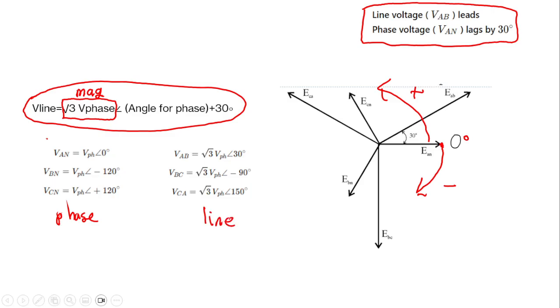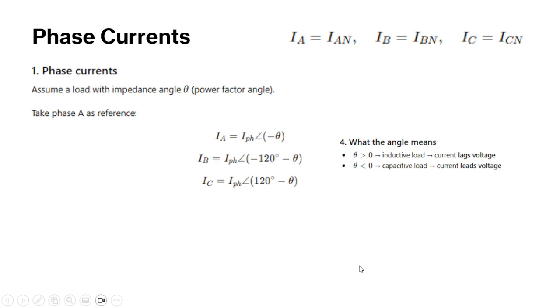Cool, and we continue. Alright, the phase currents now. So we know we have three phase currents, IAN, IBN, and ICN, and we have three line currents, IA, IB, and IC. To get the phase currents, the magnitude of it we could get.